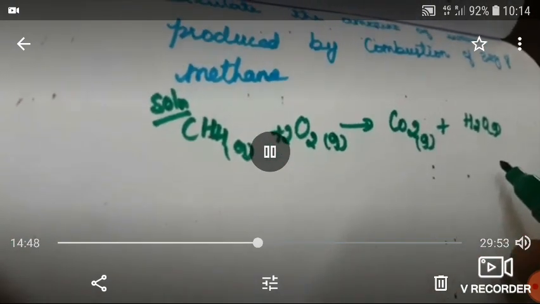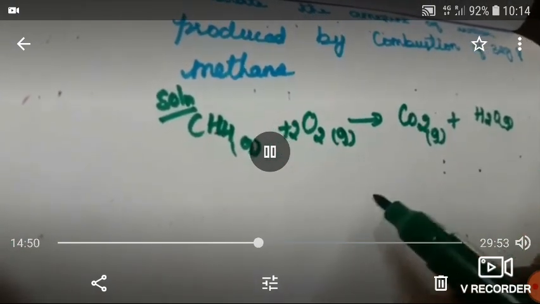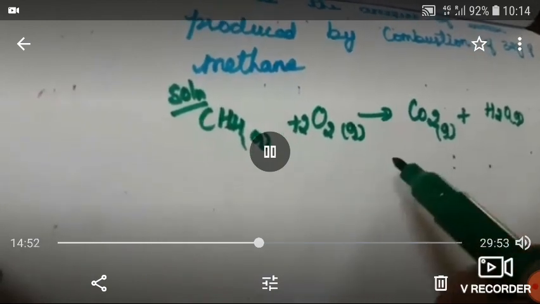So I am writing that equation, CH4 plus 2O2 gives CO2 plus 2H2O, this is the balanced equation. First step, how much amount from combustion of methane?